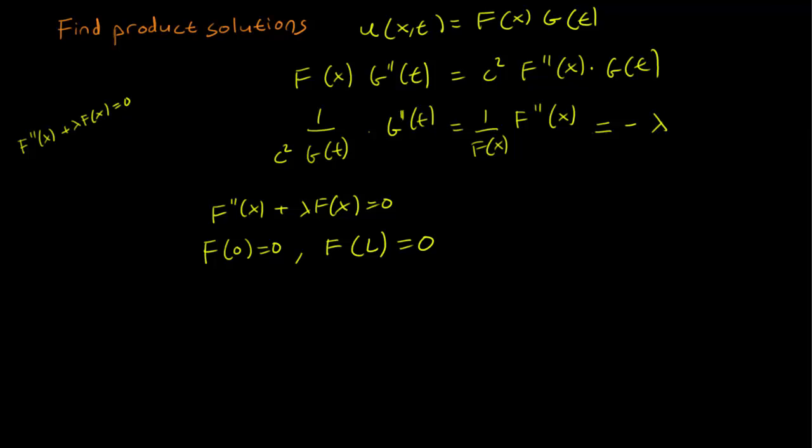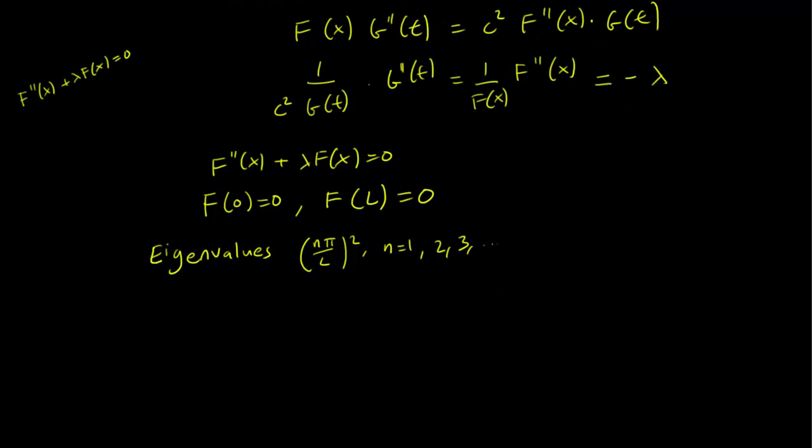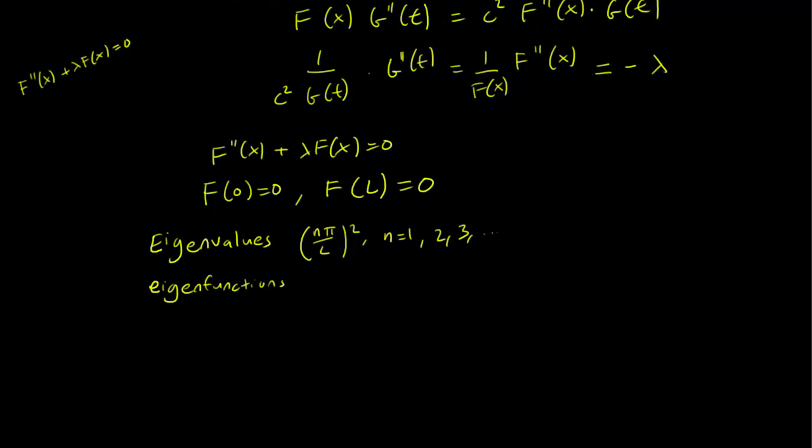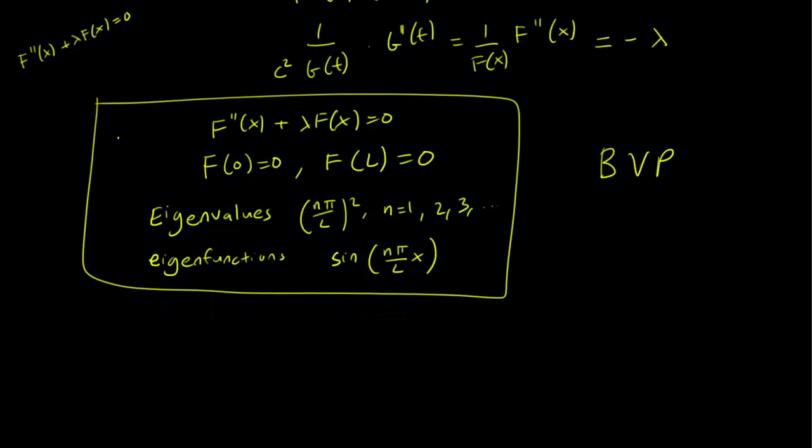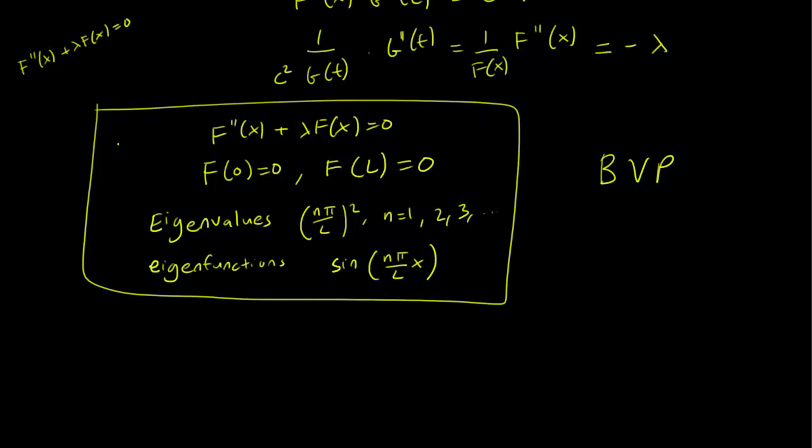And we know that this has eigenvalues (n pi over L) squared for n equals 1, 2, 3, and so on, with eigenfunctions given by the sine of (n pi over L) x. So that is our boundary value problem, and let's figure out how to solve the other differential equation.